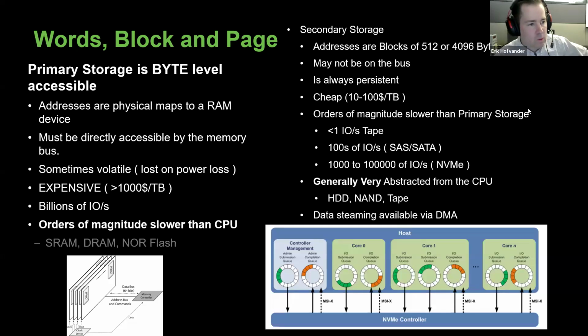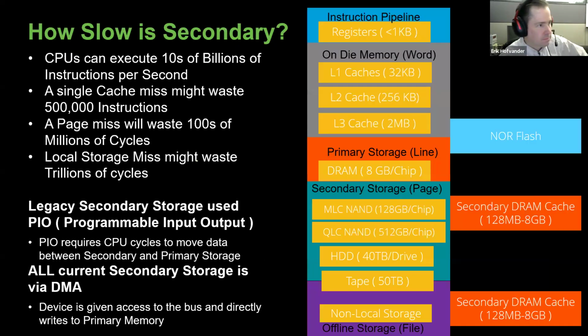That concept doesn't really work for secondary storage. With secondary storage, generally, you make a request to a device, and that device may or may not answer your request. All of the data itself is going to be streamed via DMA. In the past, this would work differently via PIO, but we'll talk about that later.